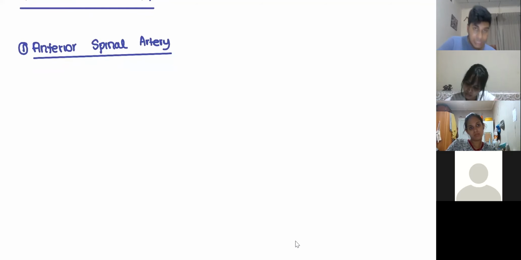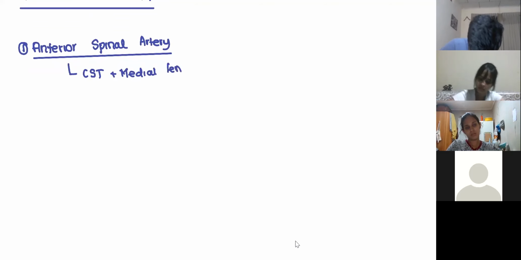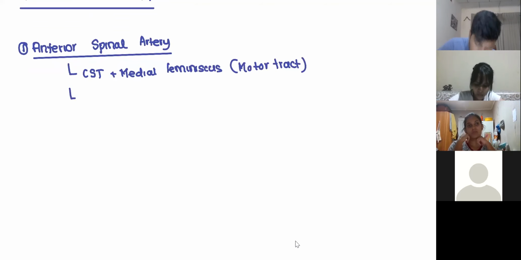If the anterior spinal artery is affected, it damages the corticospinal tract plus medial lemniscus. It is one pathway. We did this for spinal cord. It's basically the motor tracts and the hypoglossal nerve.